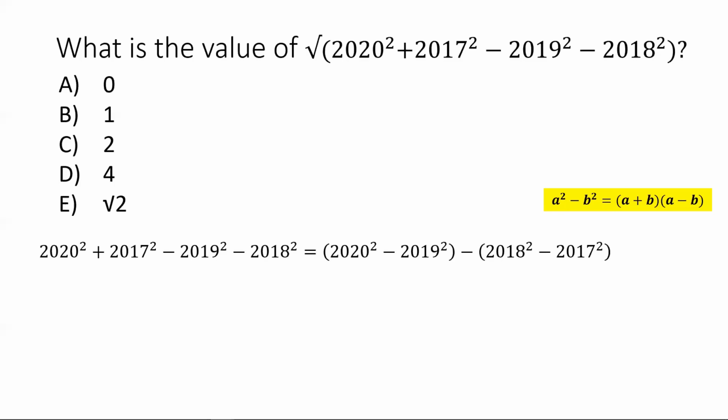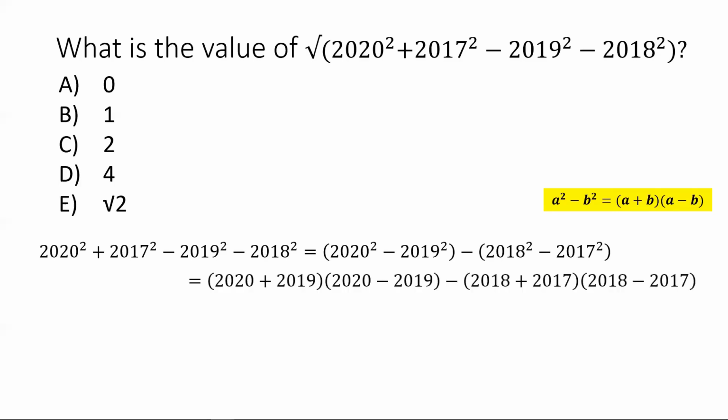In this case, these quantities like 2020, 2019 and 2018, 2017 have a difference of 1. That really helps dramatically reduce the amount of calculation involved.